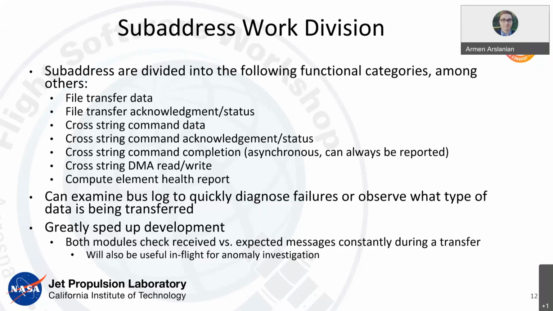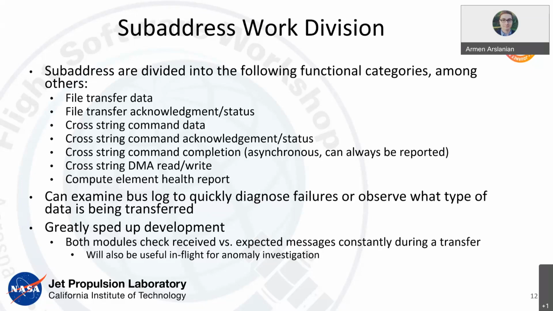So a very useful feature of dividing these subaddresses was that we had a bus log during our implementation of this flight software, and it was very easy to diagnose failures and observe what the exact failure was because of the divisions of subaddress.